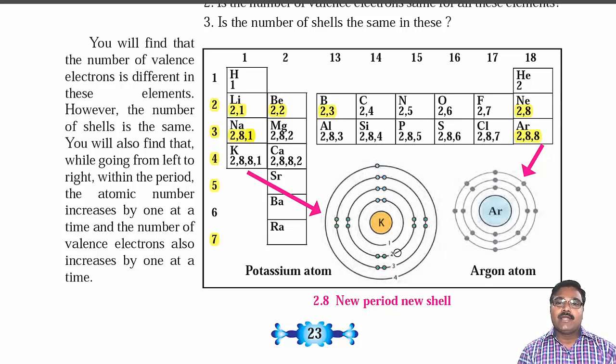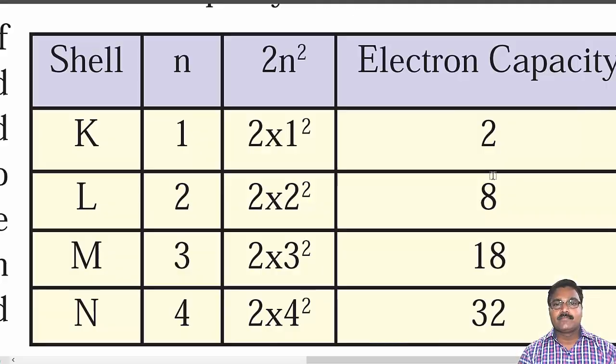Now, by knowing the electronic configuration, you can clearly state the number of shells, and by knowing the number of shells, you can identify in which period that element is placed.